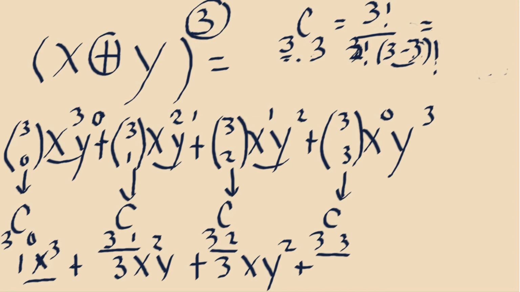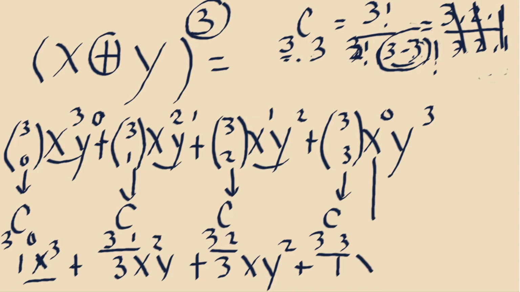Now 3 factorial is 3 times 2 times 1 over, now again, this 3 factorial here is 3 times 2 times 1. Now 3 minus 3 is a 0 factorial, which is again by definition equal to 1. Okay, so this is just going to be reduced to 1.